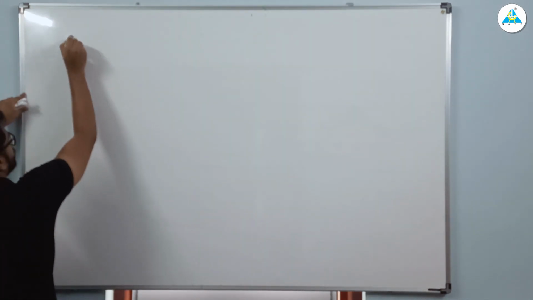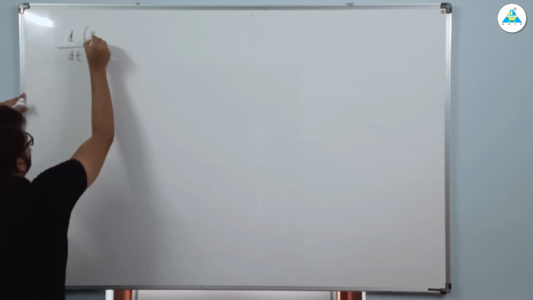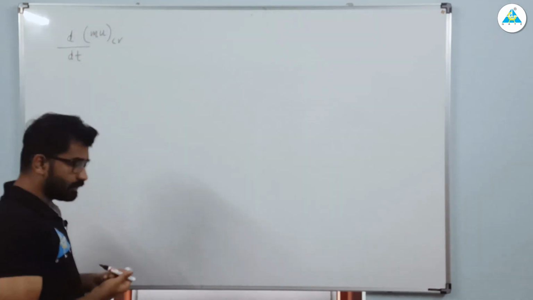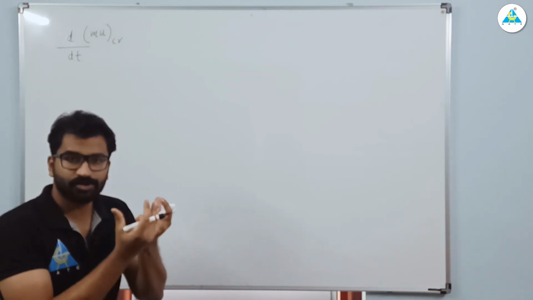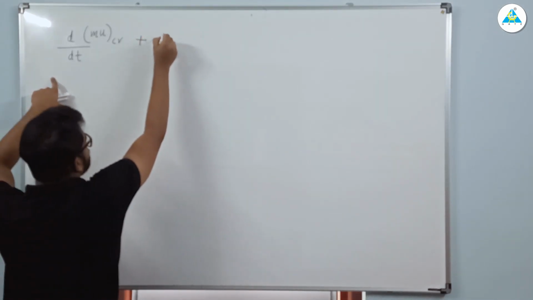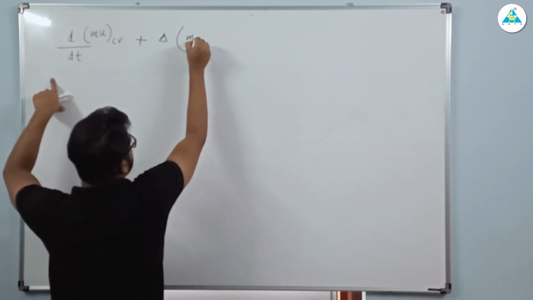That is d by dt of mass into internal energy of the control volume. This is our first term, the change in the internal energy of the open system, plus del of, what is the meaning of del?